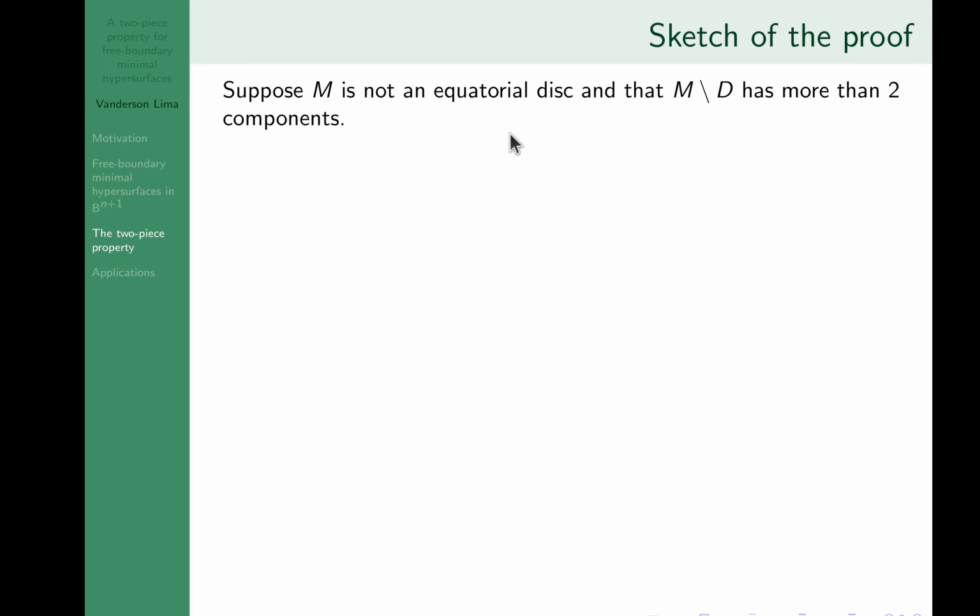And I will suppose by contradiction that M minus D has more than two components. So the key to prove the statement is to consider a kind of partial free boundary problem, which I will explain now.